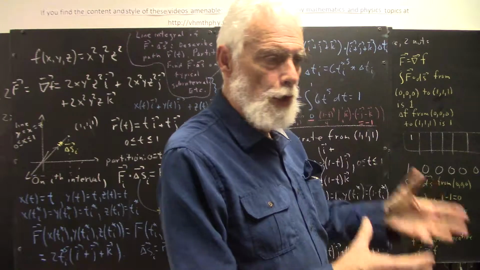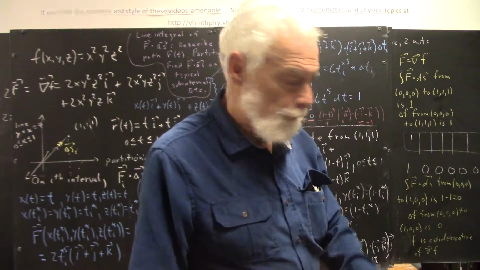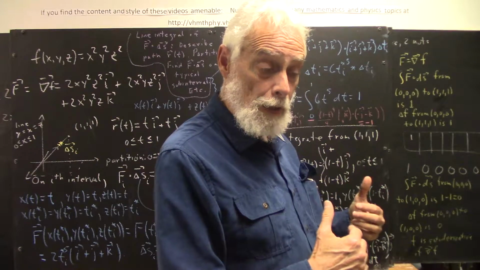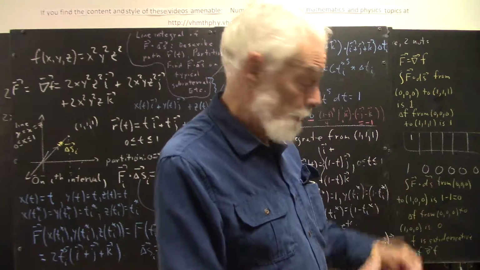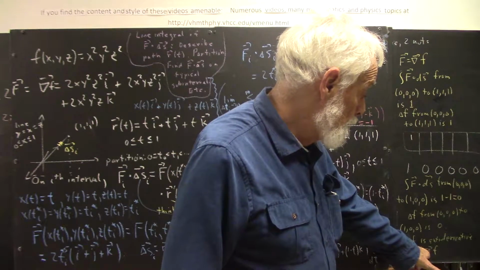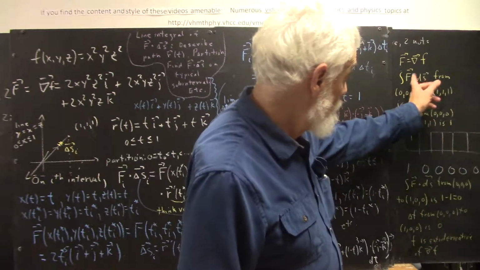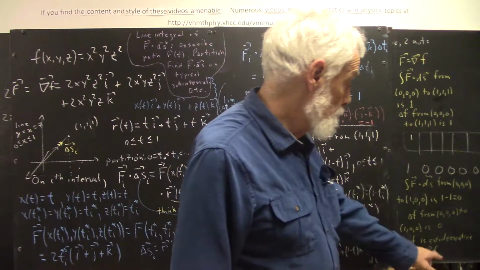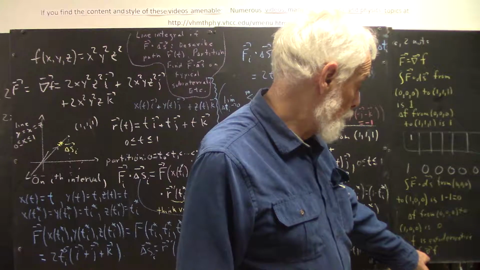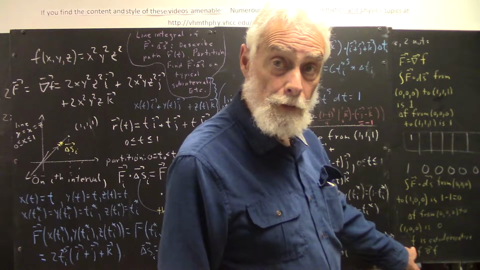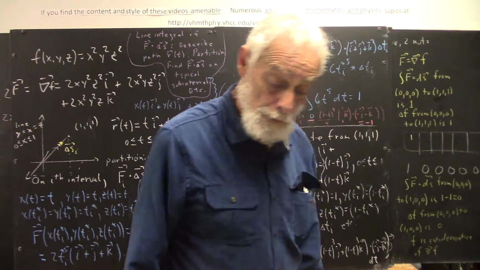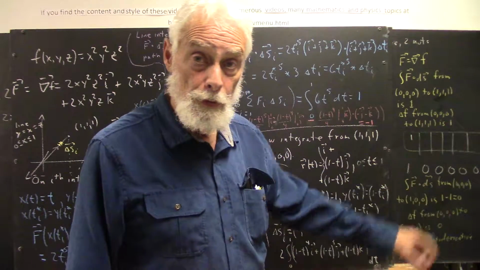That just gives you the change in the value of the antiderivative. So your definite integral is just the change in the value of the antiderivative from your lower limit to your upper limit. Well, here, the integral of your gradient function, the big F function in this case, turns out to be equal to the change in your little f function. So your little f function is in the same sense acting as an antiderivative. This is a very, very important idea.